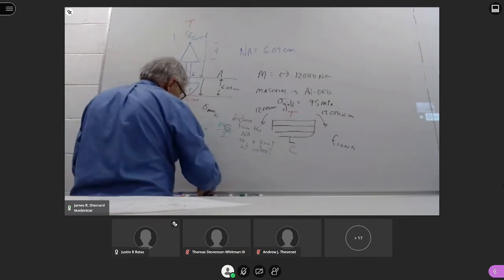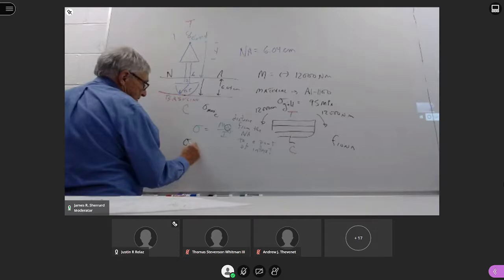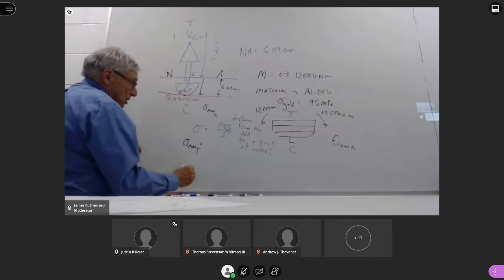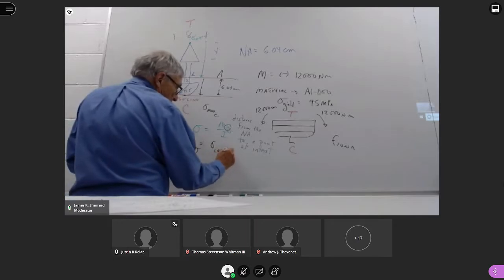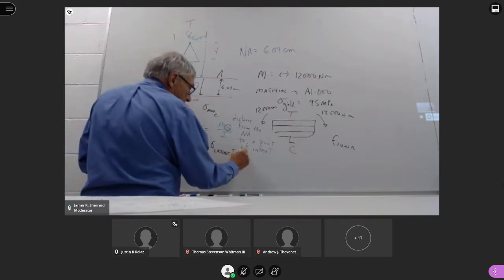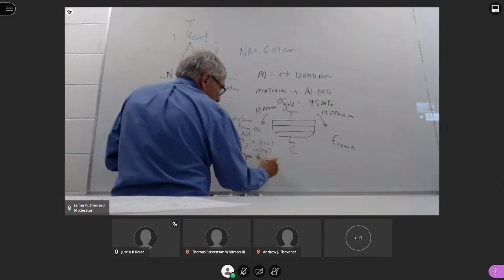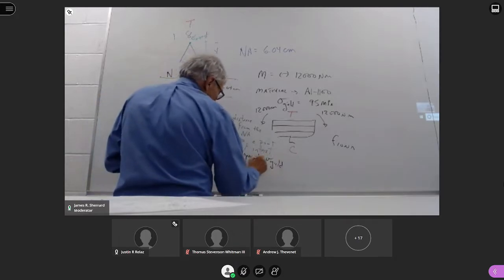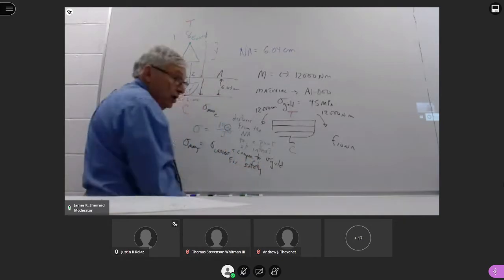So we know that sigma max for tension is going to be the largest value. And this is the one that we're going to compare to sigma yield for safety.